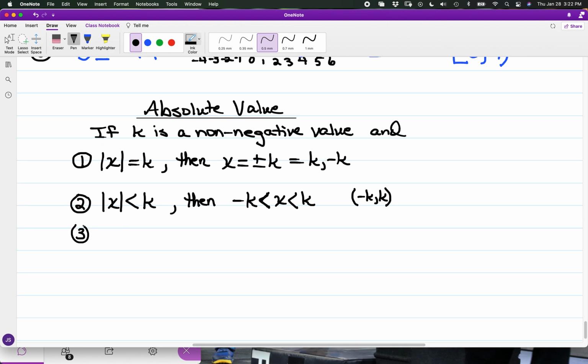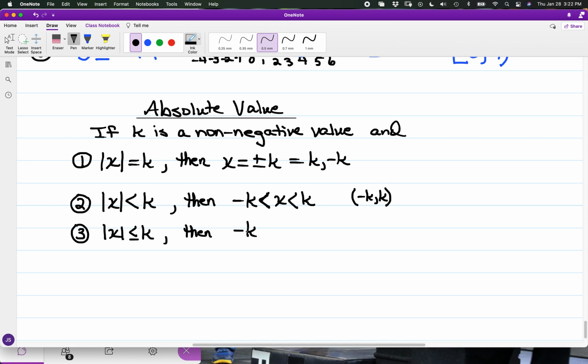And if we have that the absolute value of x is less than or equal to k, except for the equal sign, you're going to have history by and large repeating itself.